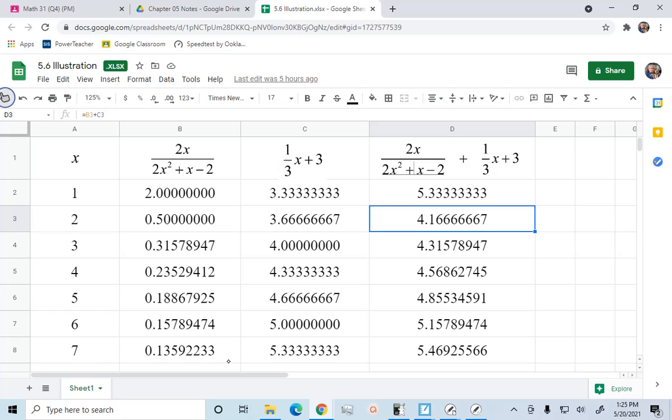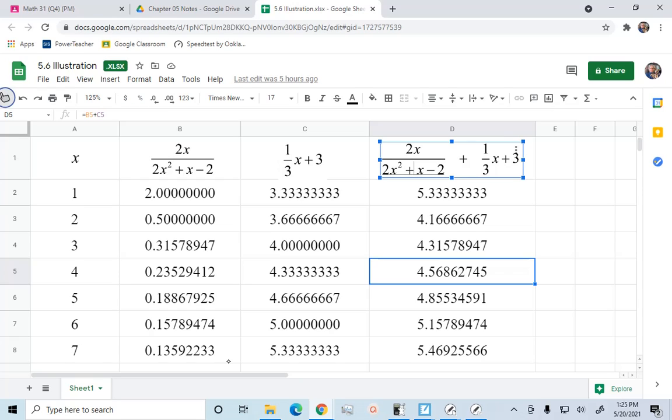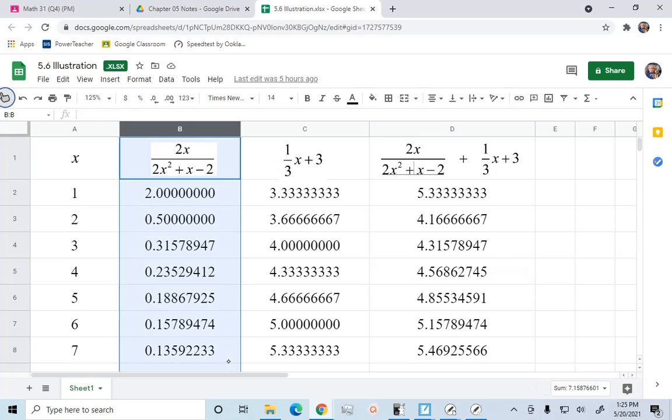So the first column is your x coordinate. The last column is your y coordinate. But the two middle columns are the pieces of the y coordinate. When you take a look at this function, the first part of it is 2x over x squared plus x minus 2. And that's what this column is. This column is the first piece of the entire function.